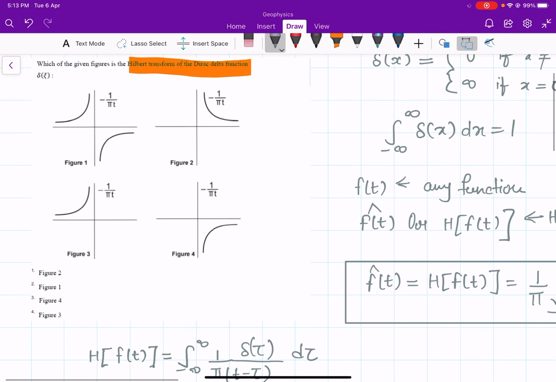So the answer will be figure 1, that is option 2 will be correct.